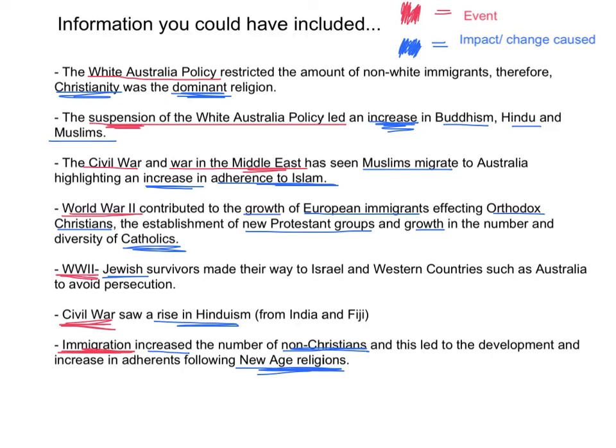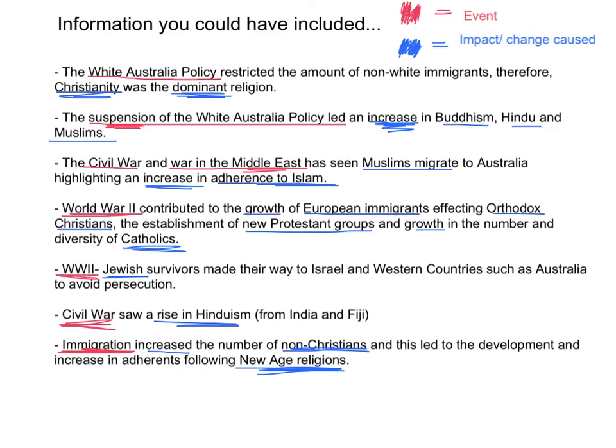What was interesting to note was the amount of people that made mention of New Age religions. This was a little more difficult because for some of you, you did not make a connection to how immigration had led to an increase in New Age religion. So be mindful that it is relevant if that connection is made.